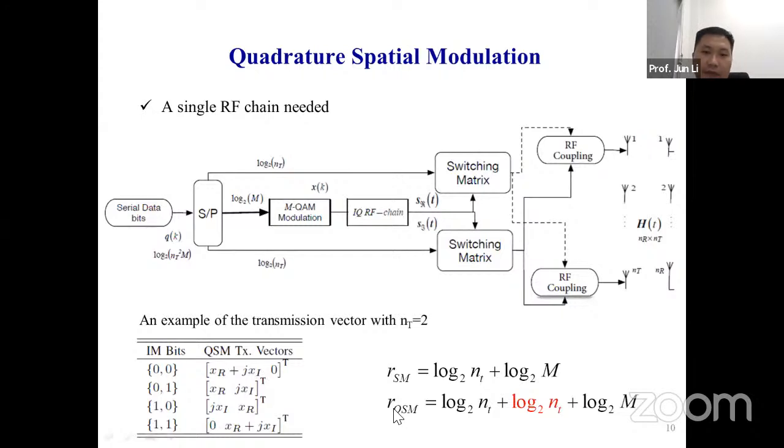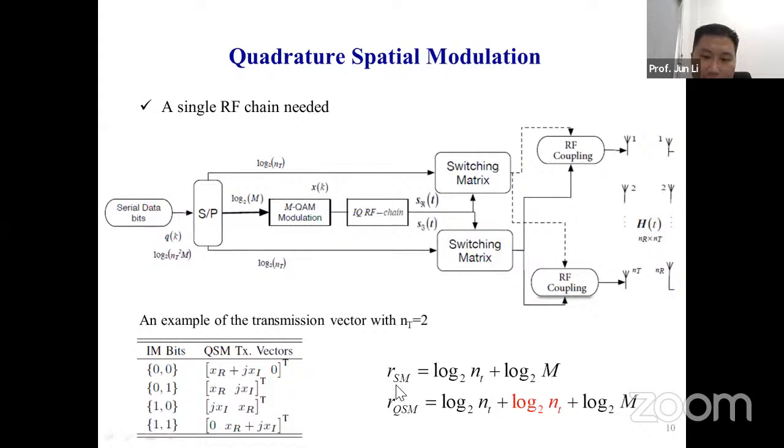The length of the information bits, or the transmission rate of QSM, is log2 NT for the index selection of the real part, another log2 NT for the index selection of the imaginary part, and log M for the modulation bits of x.